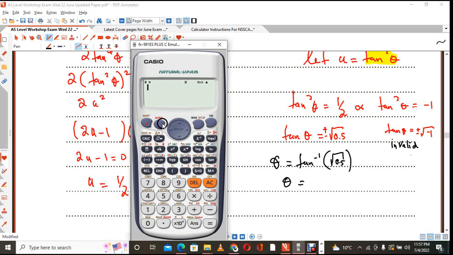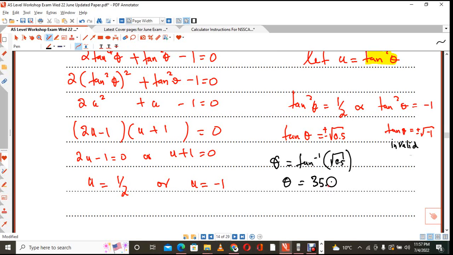As you can see, mine is not, so I'm going to go shift setup and choose 3 to have it in degree mode. All right, so the inverse tangent of the square root of 0.5 is going to give me the reference angle 35.3 to 1 decimal place. So 35.3 degrees. This is the acute basic angle.